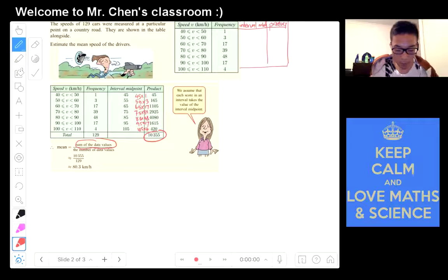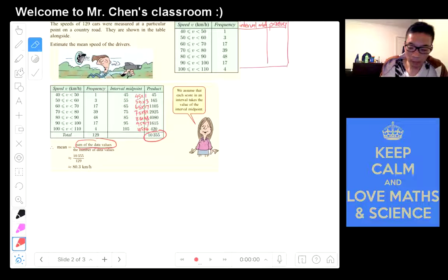So once you found the product, 10355, all you need to do is divide it by 129, and you will get 80.3 kilometers per hour, which is your average speed of drivers on that country road at that moment.